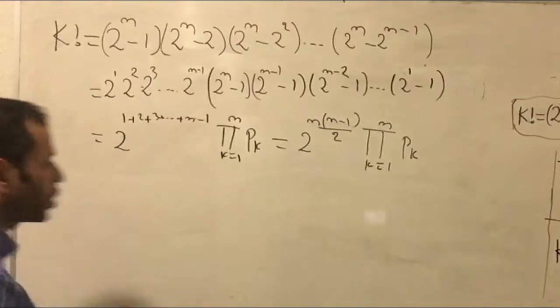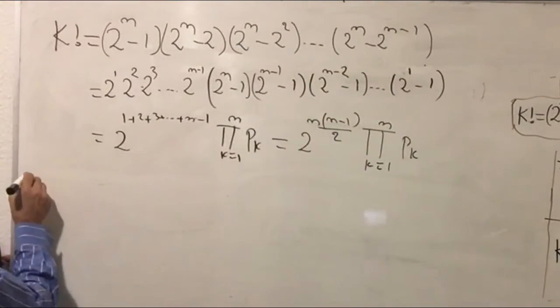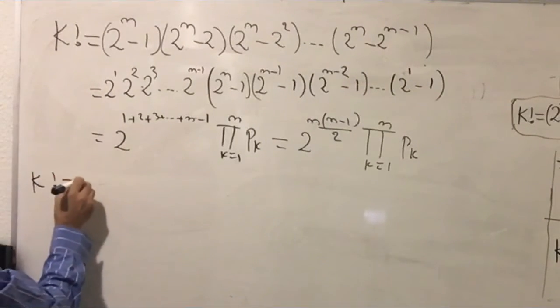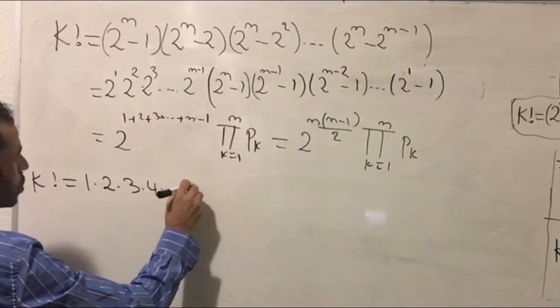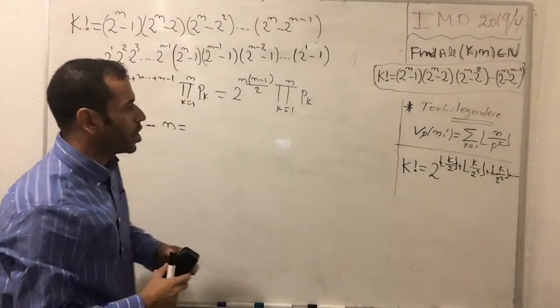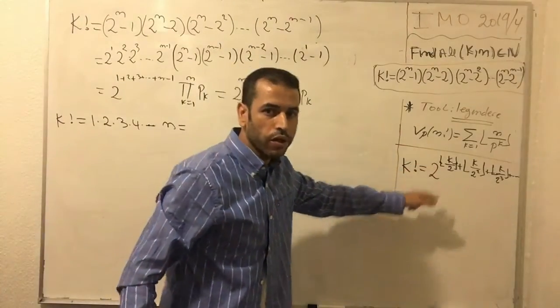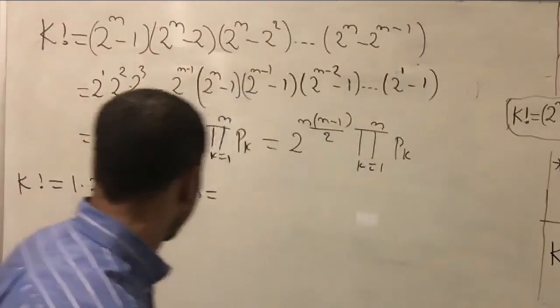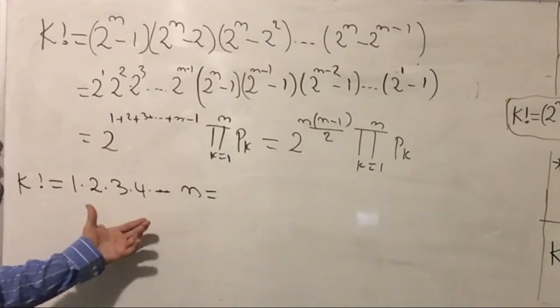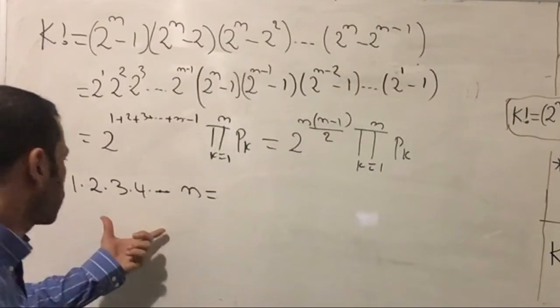Now what I'm going to do is write k factorial equal to 1 multiplied by 2 multiplied by 3 multiplied by 4 and so on. I'm going to use the Legendre theorem. What I'm trying to do now is extract the number of 2s from this factorial.